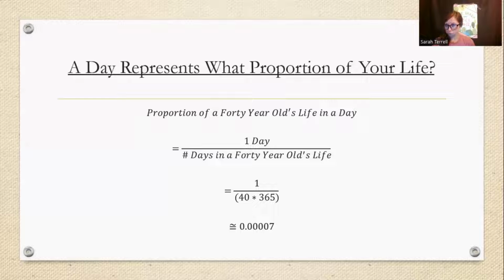So now we've gone down another decimal place. By adding an extra 19 years to somebody's life, the proportion that a single day represents is getting smaller and smaller, and it's getting smaller at a rapid speed.